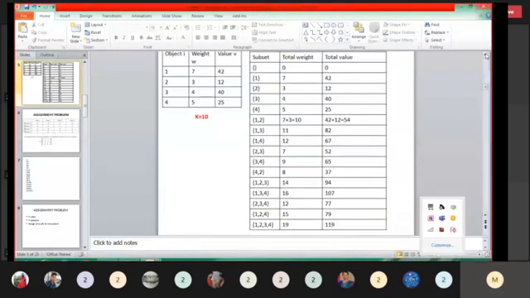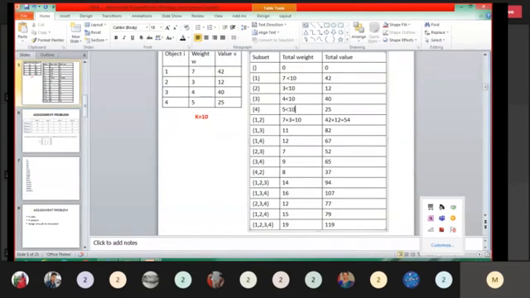Now this 7 is less than bag capacity 10. 3 is also less than 10. 4 is also less than 10. 5 is less than 10. This 10 is equal to the bag capacity 10, right?